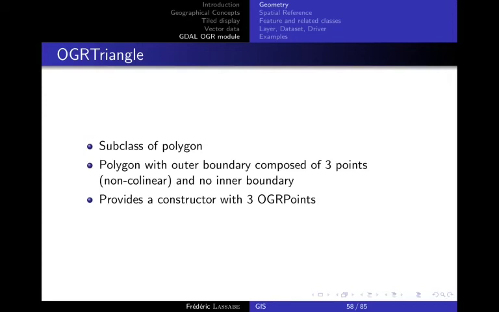It provides a constructor with 3 OGR points, and it's very useful when you associate OGR with 3D imaging, because in 3D, if you use, for instance, OpenGL, everything is decomposed into triangles to be easier to compute and project. So you can almost directly export your OGR triangles to something that the OpenGL can use efficiently.